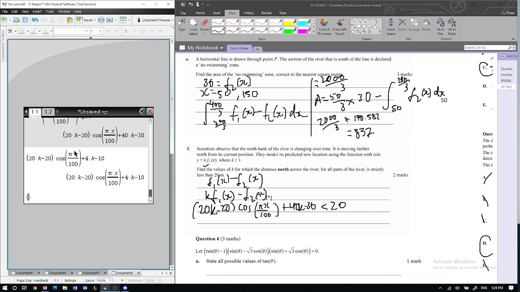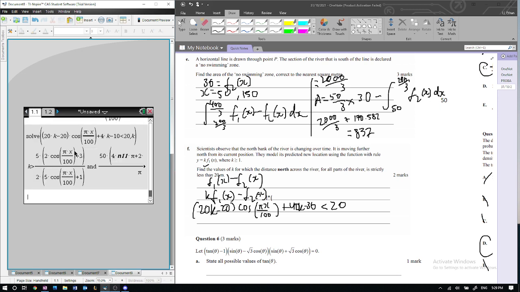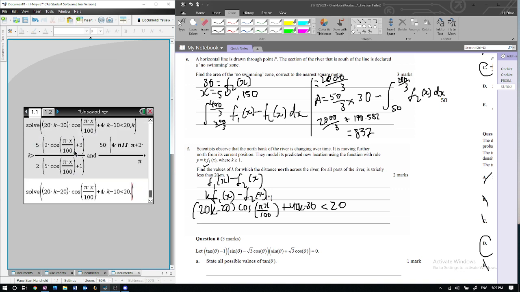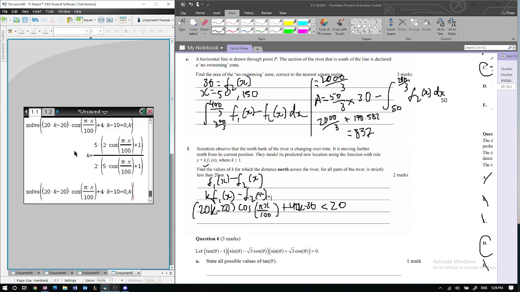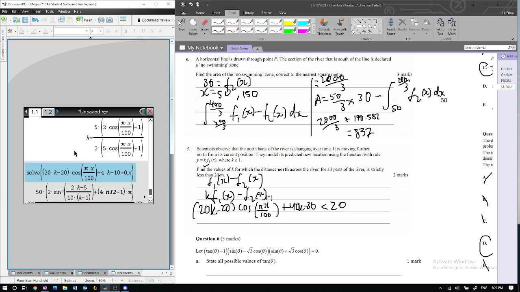I'll just solve directly then. Solve. Okay, that didn't work. Okay, let's just solve where that equals 0. That should be x. Okay, maybe not. Let me just think about this.